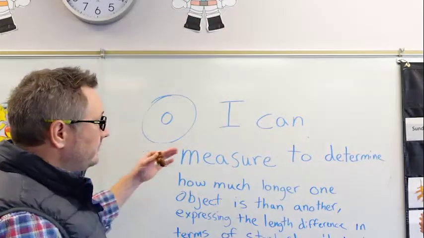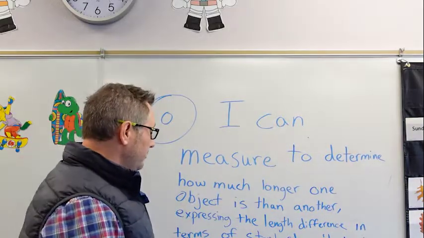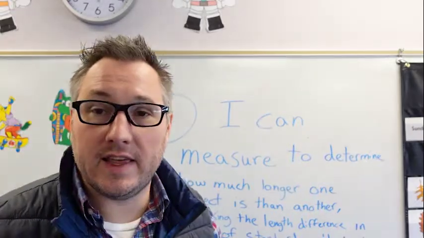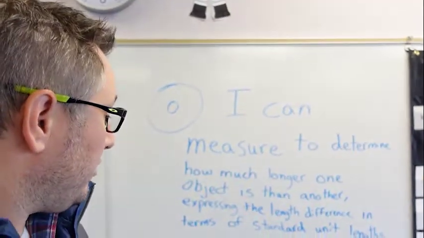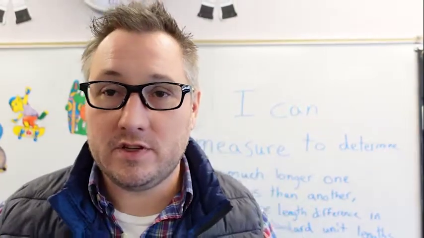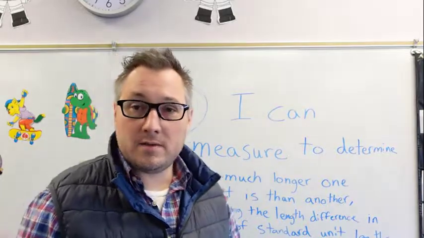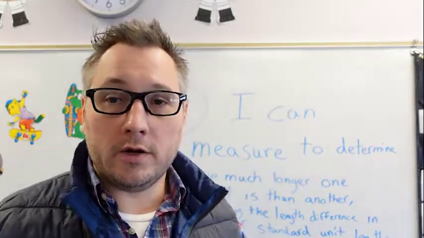If you look at our learning target, I can measure and determine how much longer one object is from another by expressing that difference in standard unit lengths. There's a couple things that you need to remember from this lesson. The first thing is, how much longer?